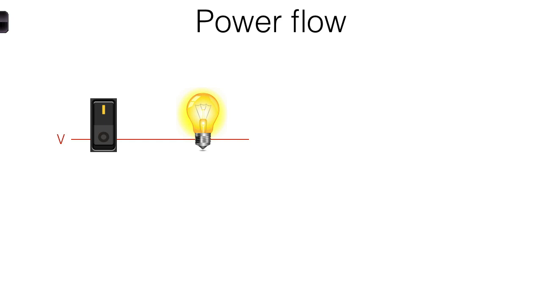So let's explore this a little bit more. Let's take a look at our circuitry so that we can start to understand. This is a circuit that you've seen before. Notice that the switch is set to the on position. And with it in the on position, the light is also on.